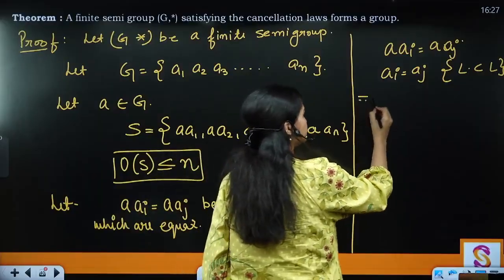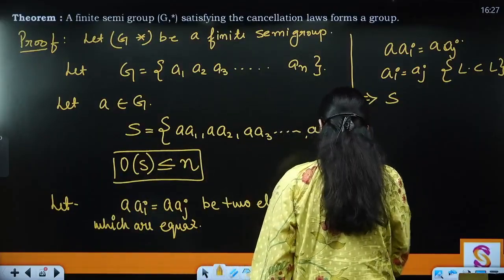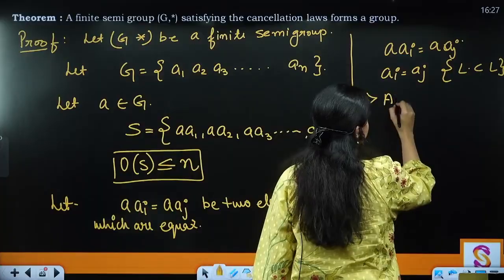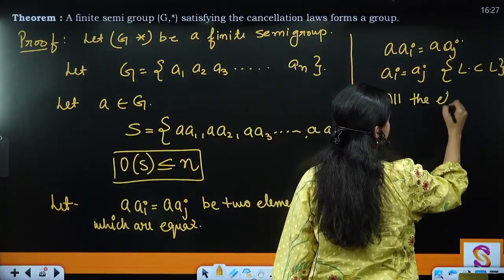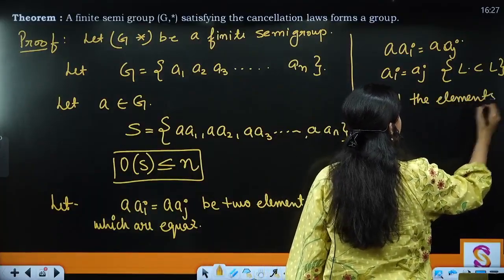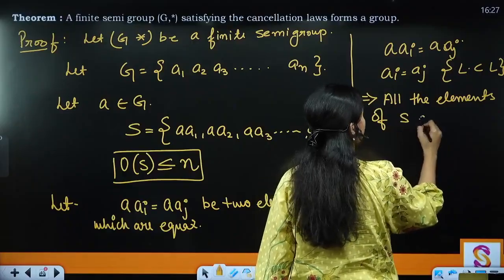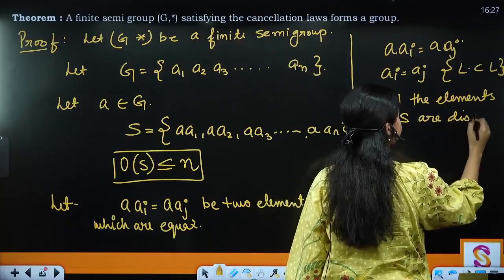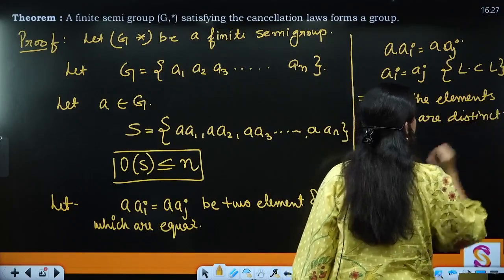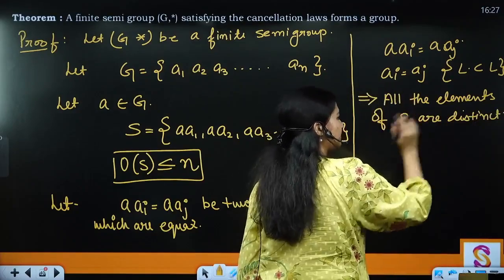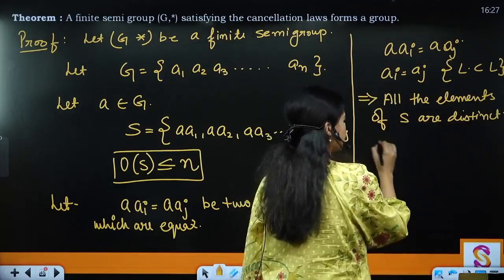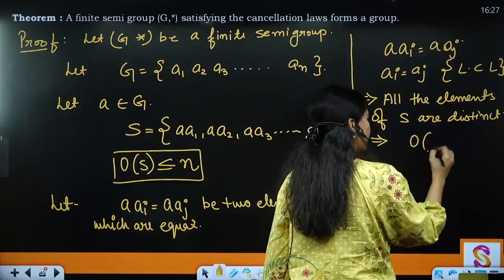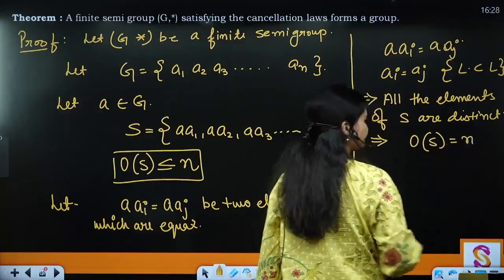So this means all the elements of S are distinct, right? Now if all the elements of S are distinct, this implies that order of S is equal to n, right?